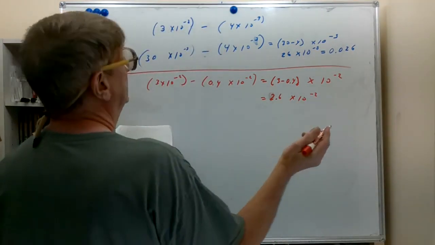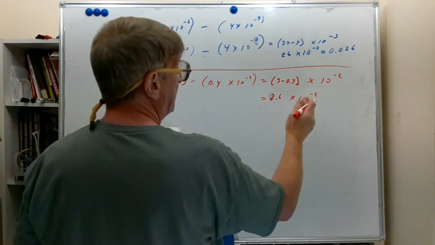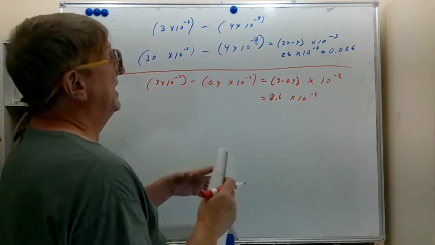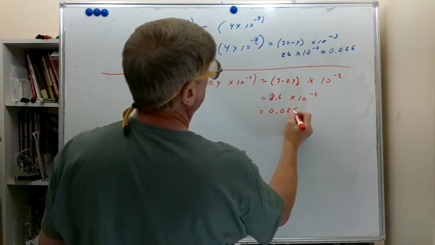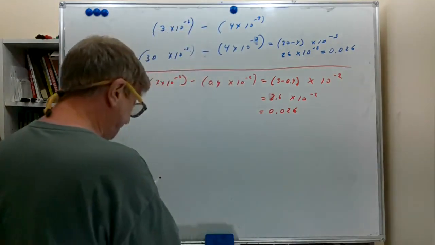And when we drop this, we got to move the decimal place 2 to the left, so that becomes 0.026. Same answer we had before, right?